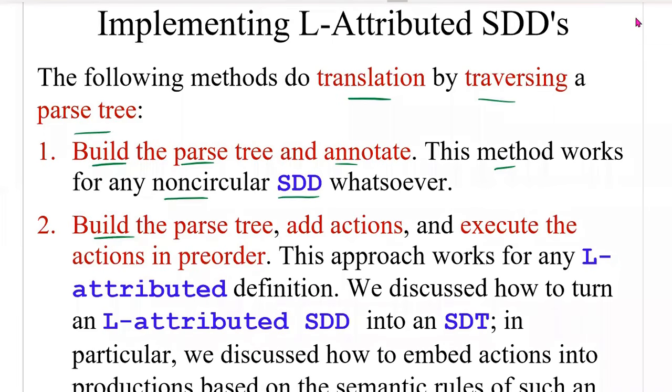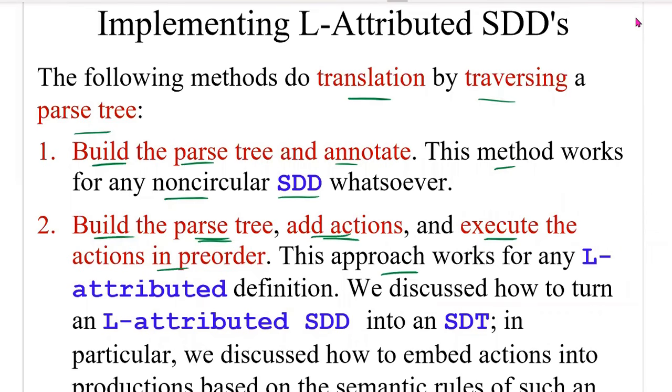The second one: build the parse tree and add semantic actions in the productions. In our previous topic, we demonstrated one example for the given expression in prefix notation, using semantic actions in the parse tree. Using the same, build the parse tree, add actions, and execute the actions in pre-order.